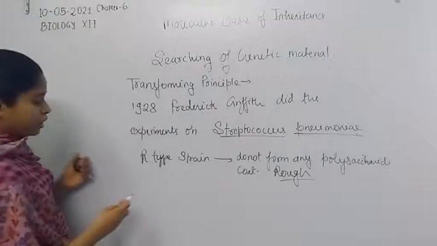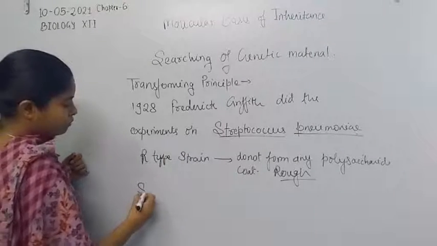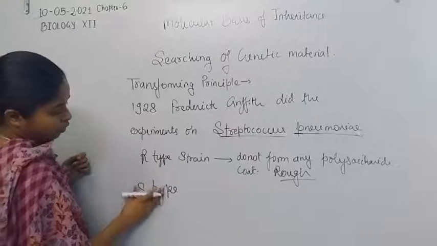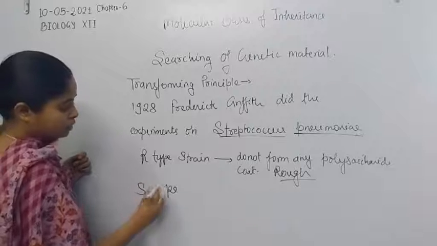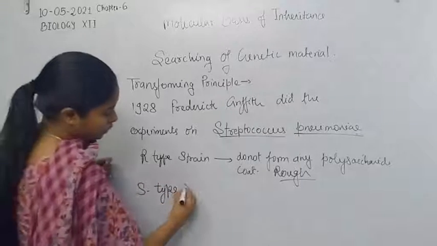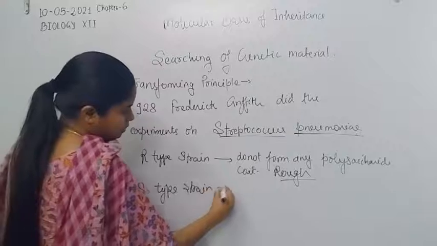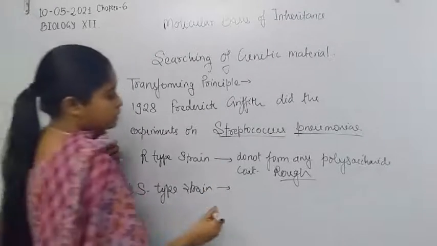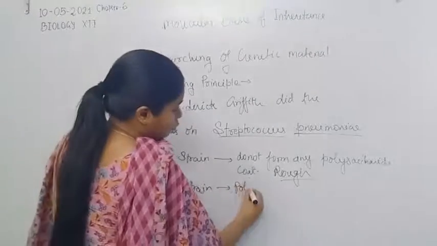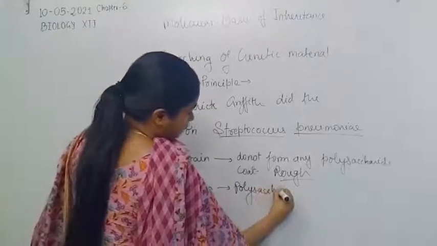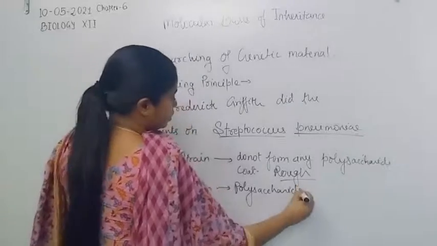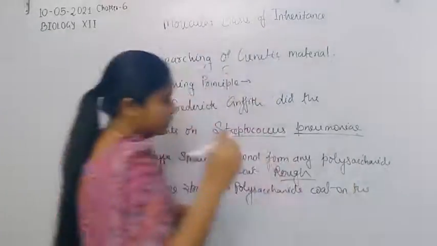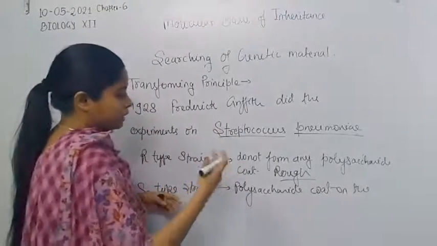Now the second strain he observed is the S type of strain. This type of streptococci synthesizes a polysaccharide coat on the cell wall, over the body of the bacteria itself.